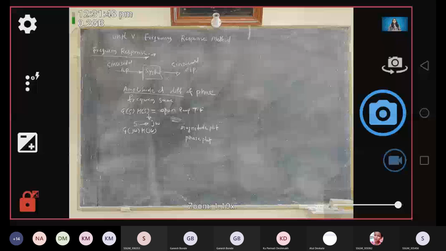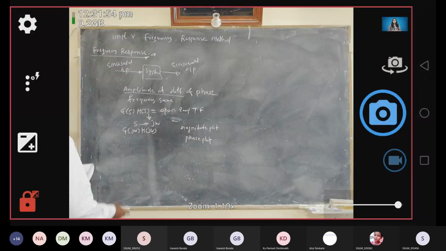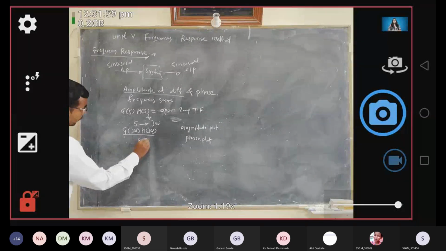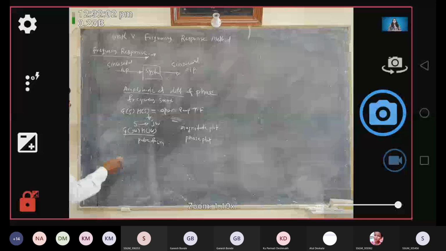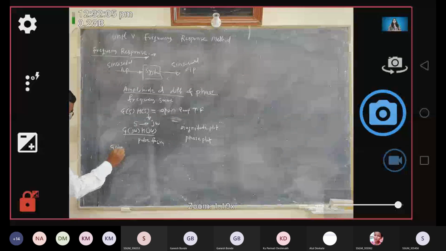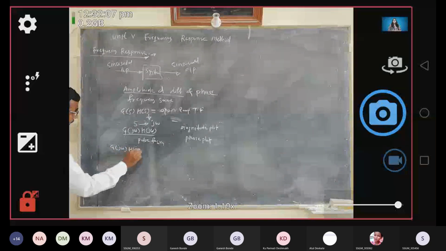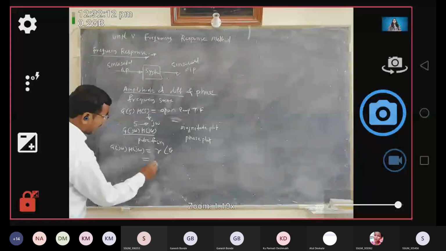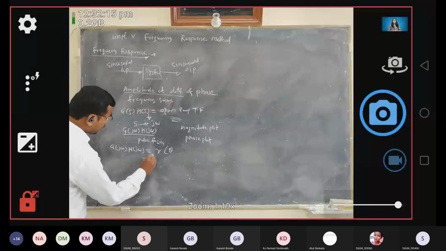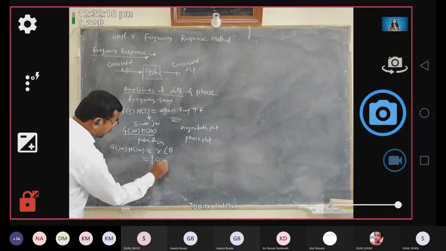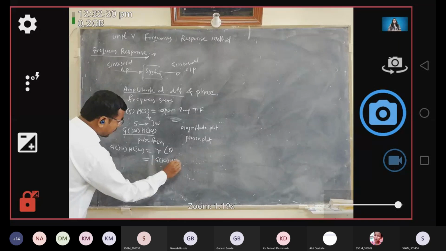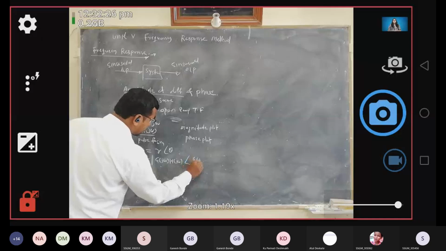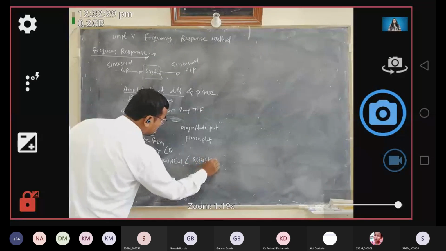G(j omega)H(j omega) can be expressed in polar form or rectangular form, in the form R angle theta, where R is the magnitude and theta is the phase angle. So it is given by the magnitude of G(j omega)H(j omega) at an angle of G(j omega)H(j omega).